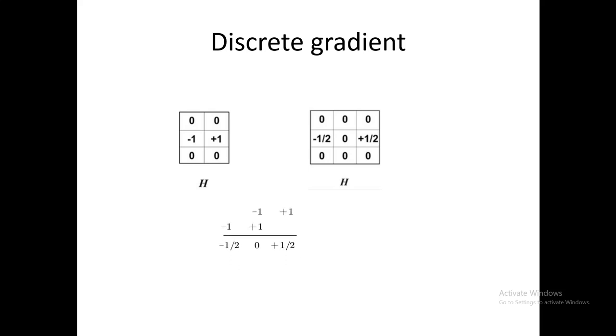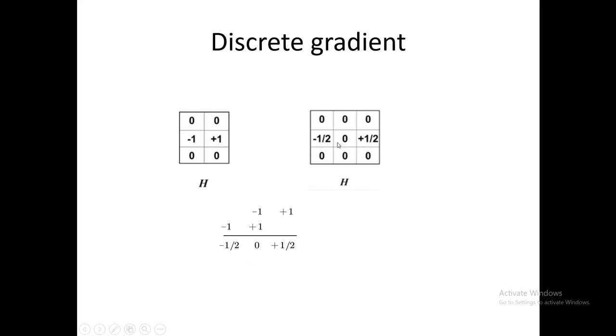The left derivative would be +1 here and -1 here. And what we do is we take the sum of these two and divide it by 2, and we get this operator.